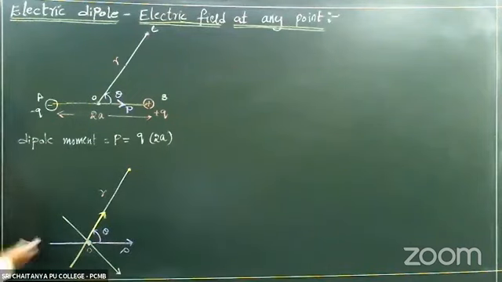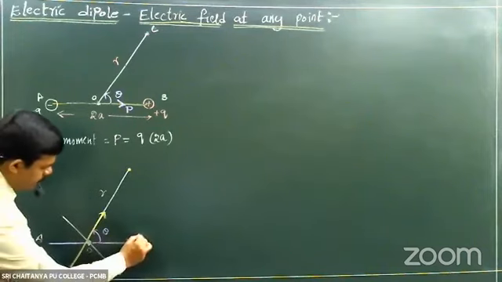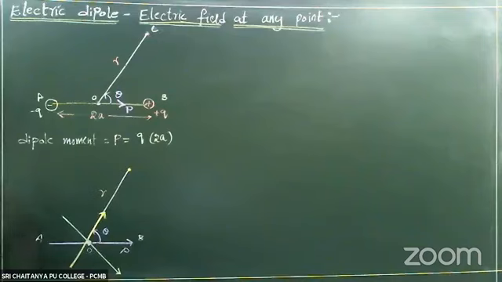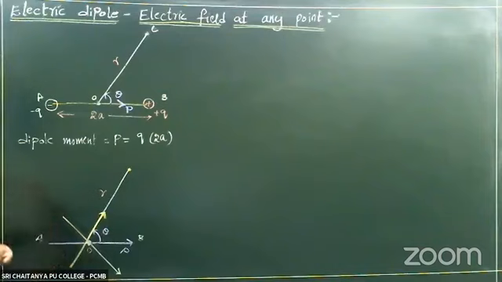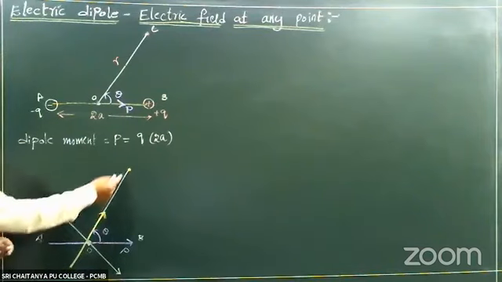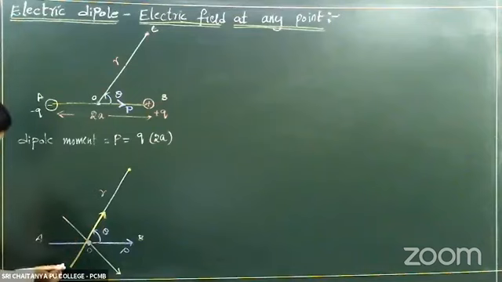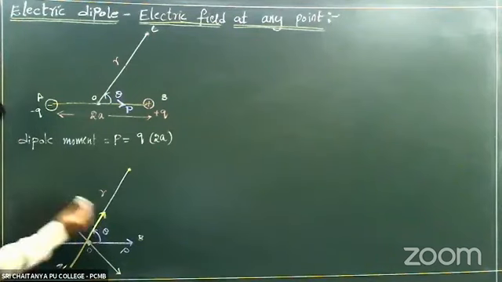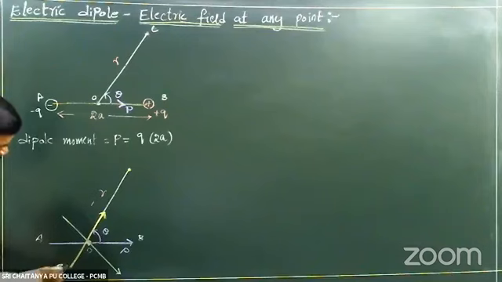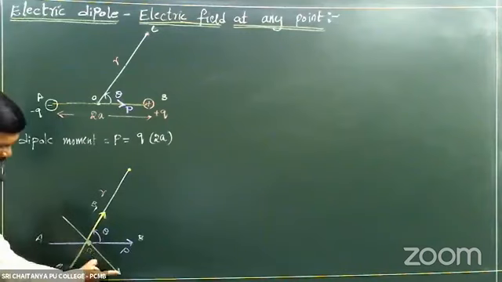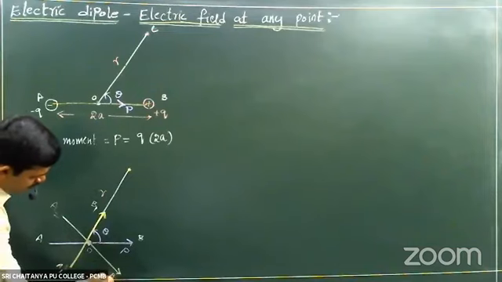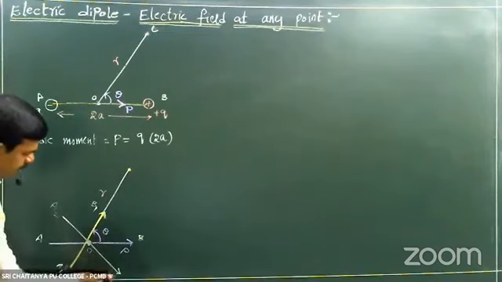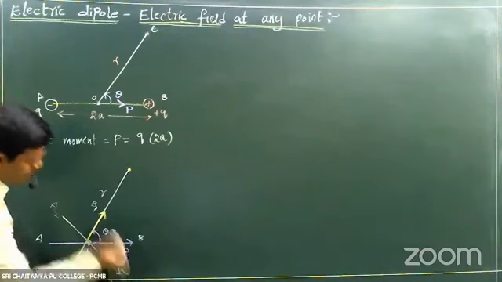So this dipole AB with dipole moment P, being a vector, I resolved into two components. One component along this line, I call it A1B1. Another component exactly perpendicular to this, A2B2.